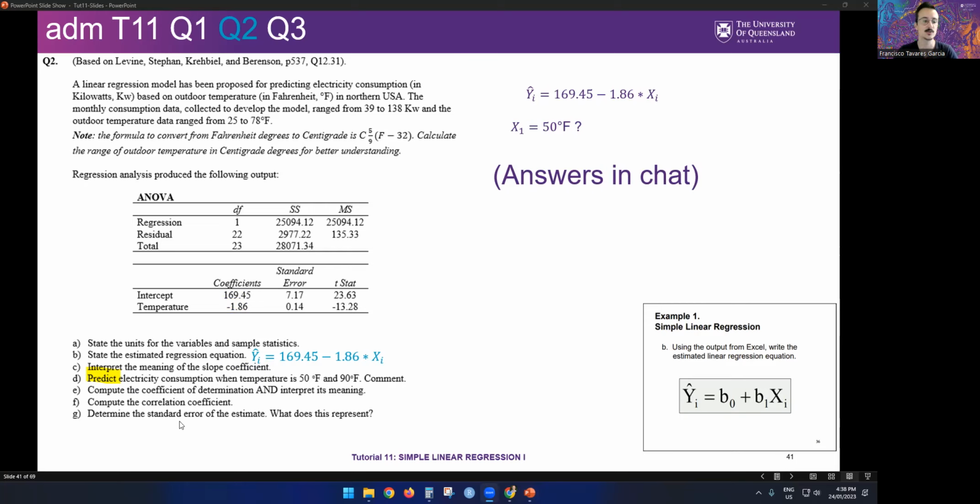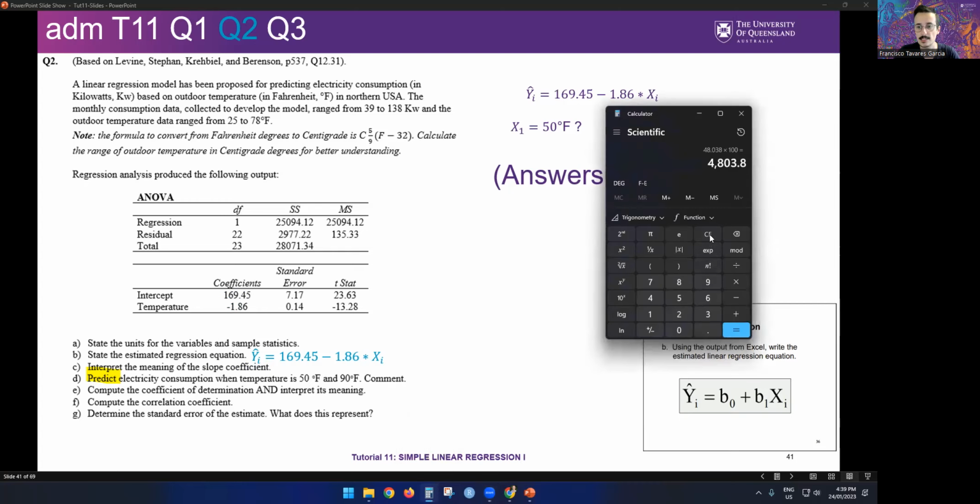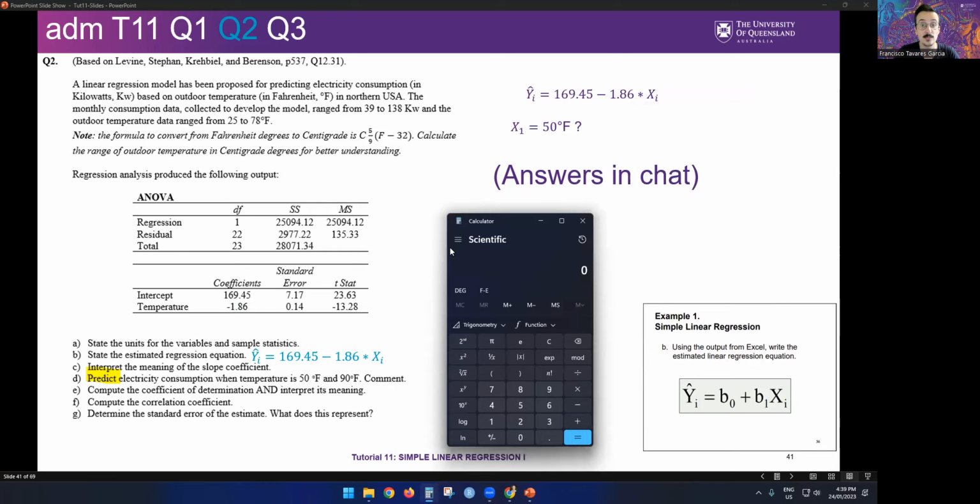Can you guys please put it in the chat? It's pretty simple calculation here. Pay attention how the equation is. You just replace and plug it into your calculator. Let me start doing it now with you. But if you finish, please put it on the chat.